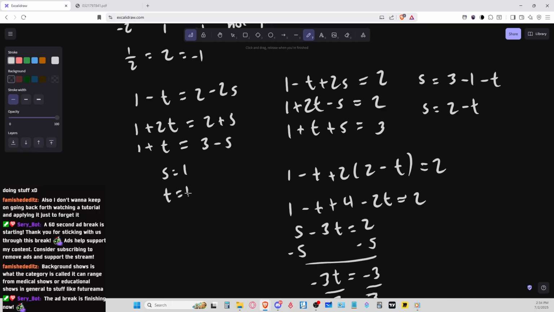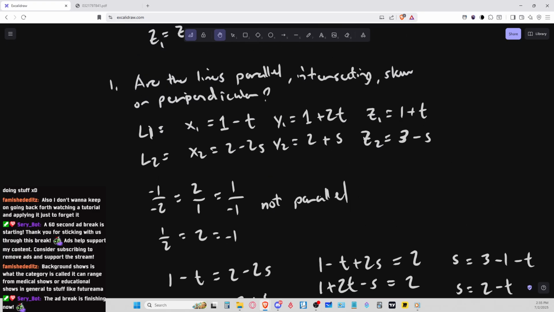So they do intersect, I think. Now the question is, are they perpendicular to one another? And I think we can do that through their vectors, if we take the cross product of their vectors.